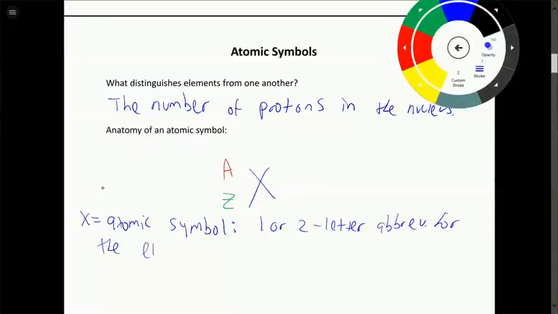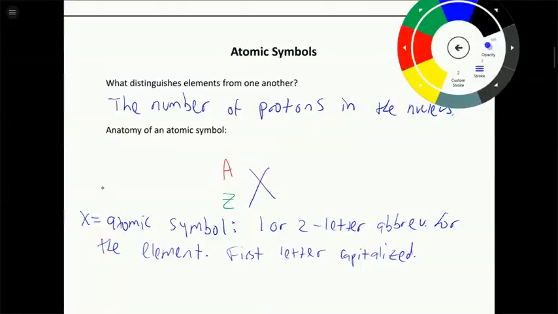We'll talk more about the periodic table going forward, but there are 36 of these that you'll have to be able to match the name to the symbol and vice versa. So the first letter is capitalized in all of these, and this again just identifies the element for you. So if it's a 2-letter symbol, only the first letter is capitalized.